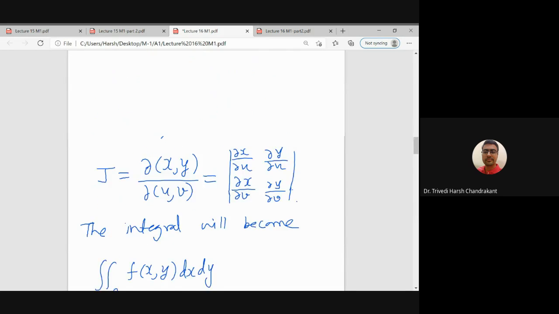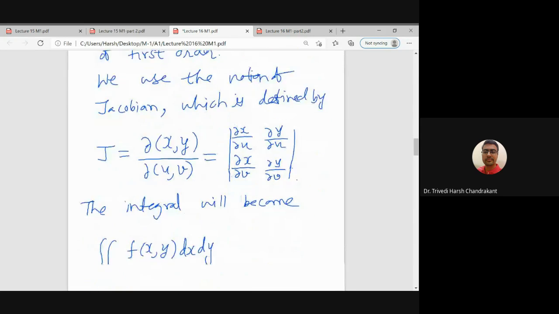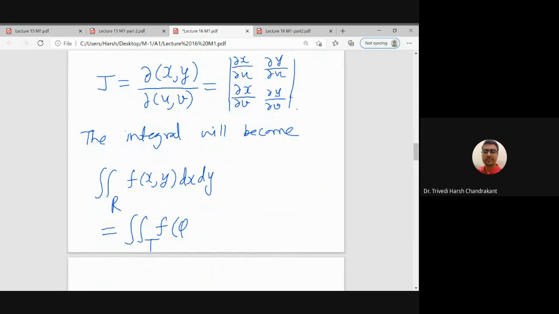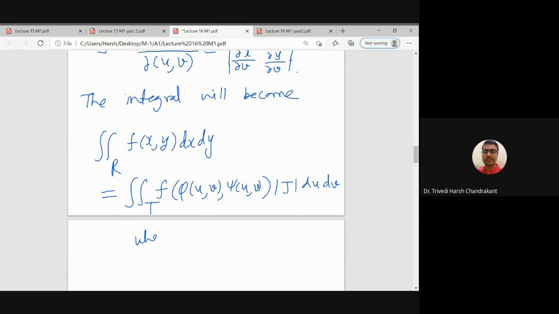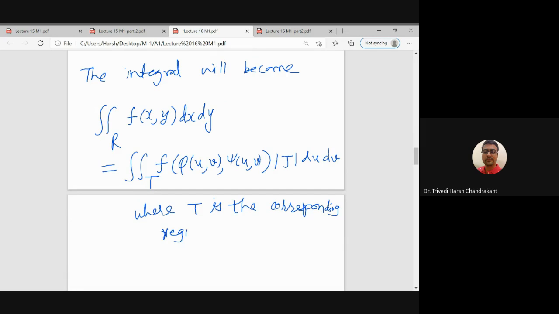Instead of x we substitute the function phi(u,v), and in place of y we substitute psi(u,v), and then we take the modulus of the Jacobian, so it is positive, times du dv, where T is the corresponding region in the uv plane.